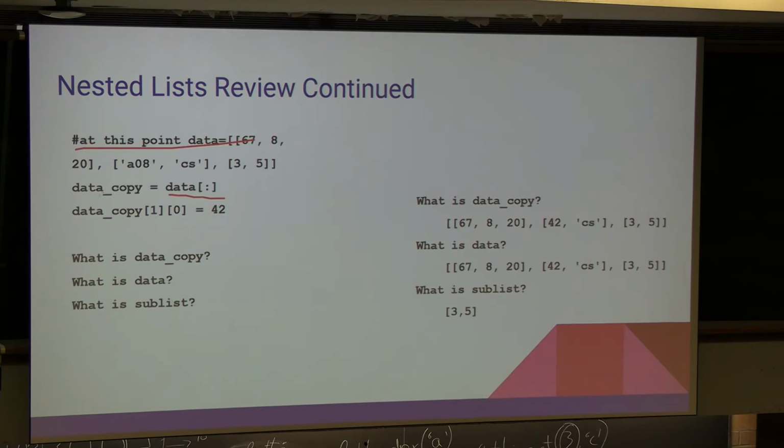Why? It's just a colon, so it's assuming it's starting from 0 and ending at length. So exactly the whole thing. Data copy at 1, 0, and I'm making that at 42. What do you think that is? 42, comma CS. And then what is data? It changed.